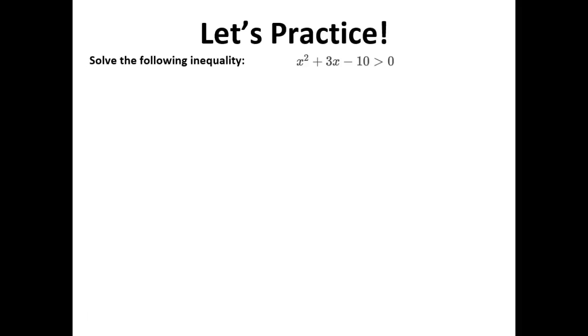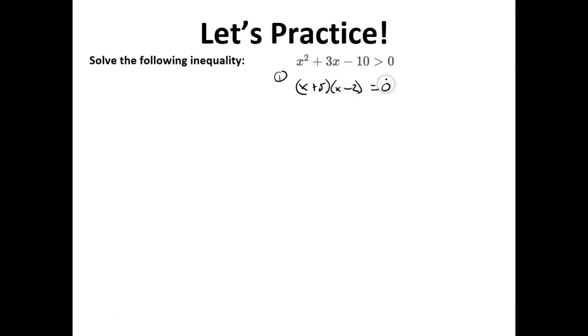So let's suppose we don't have the graph and we needed to solve this inequality where x squared plus 3x minus 10 is greater than 0. Well, what I can do is first solve for where it's actually equal to 0. If I solve for where it's equal to 0, I'd see if I can factor it. I see an x plus 5 and an x minus 2.